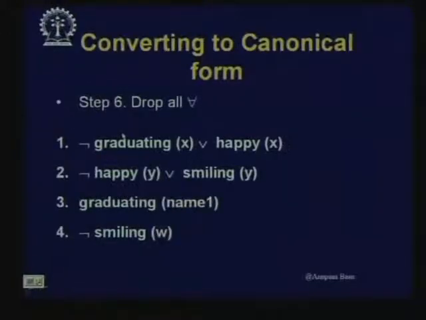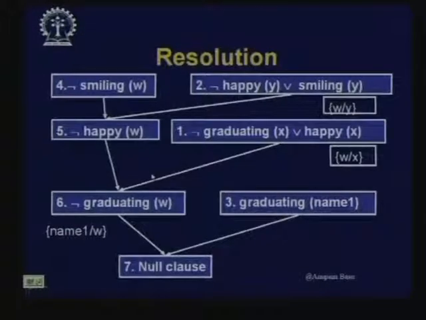Again, here when I get not happy W, next thing I have to select some clause from here. For example, here it is happy X, so I will try to unify them. Now, this unification is very important. So, here I selected this graduating X or happy X. So, now I replace this X with W, all right. So, I get happy W, graduating W, I combine these two and I get not graduating W, all right.